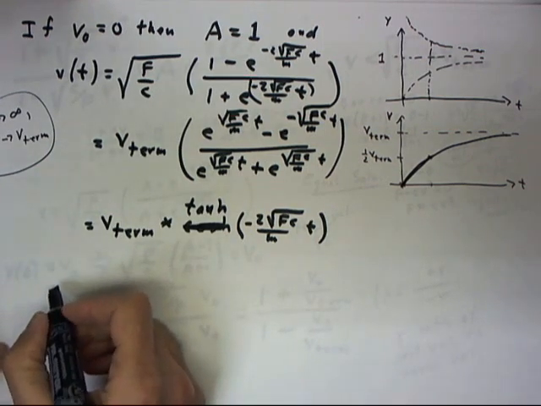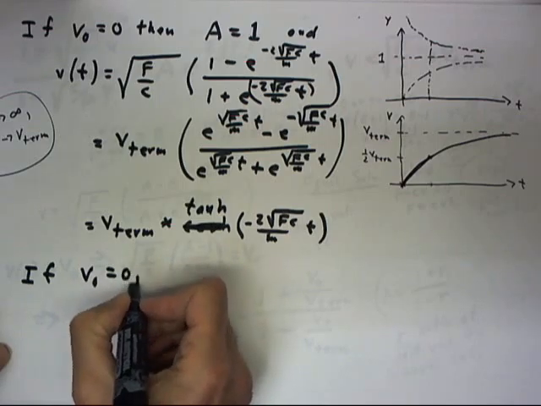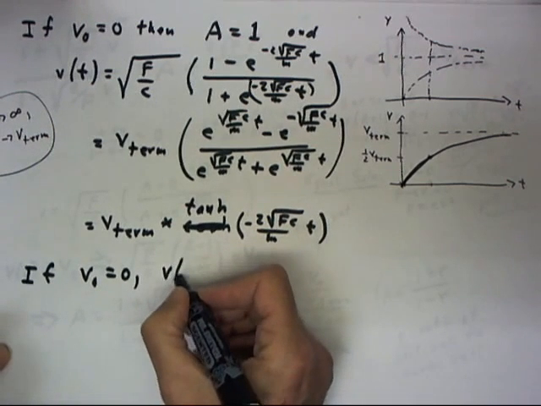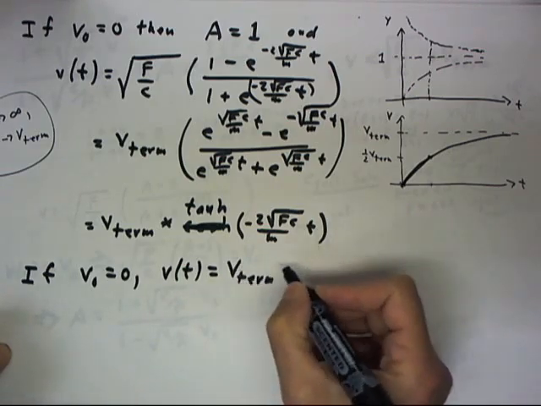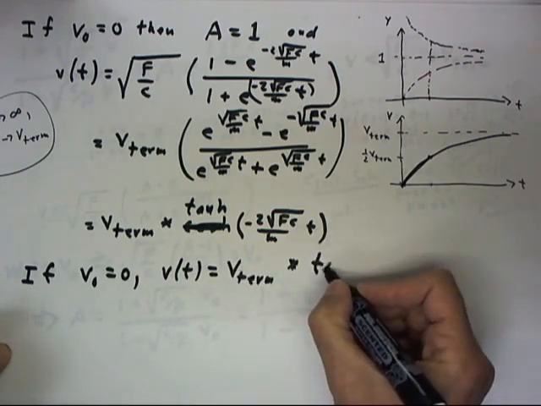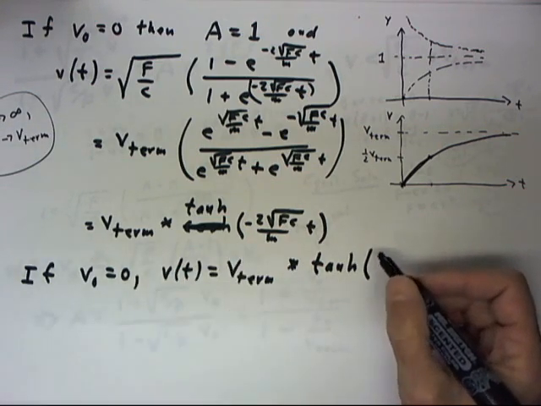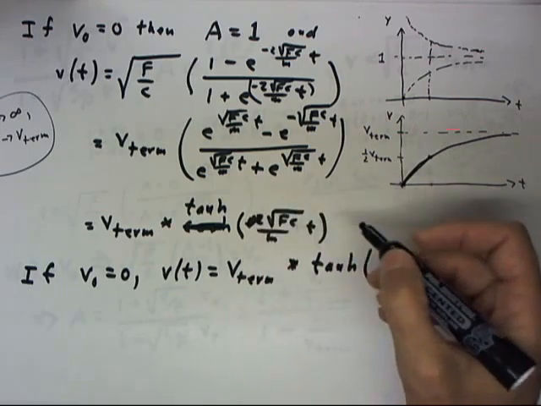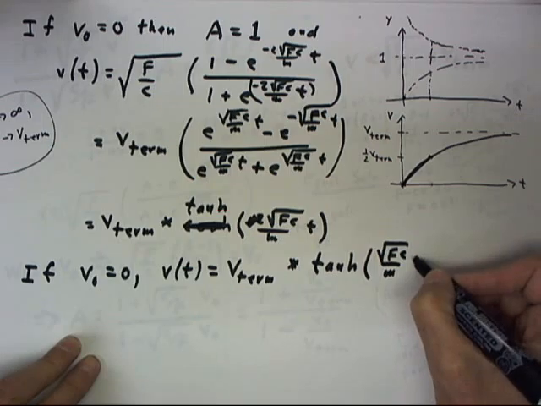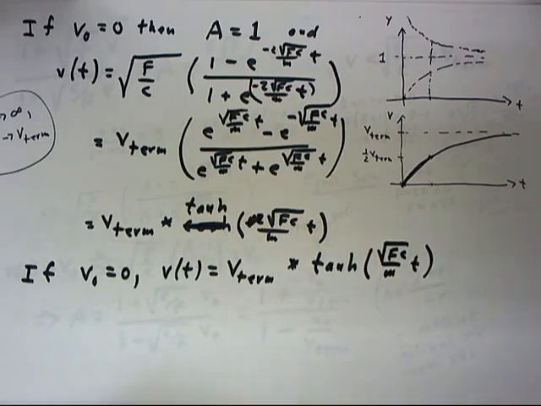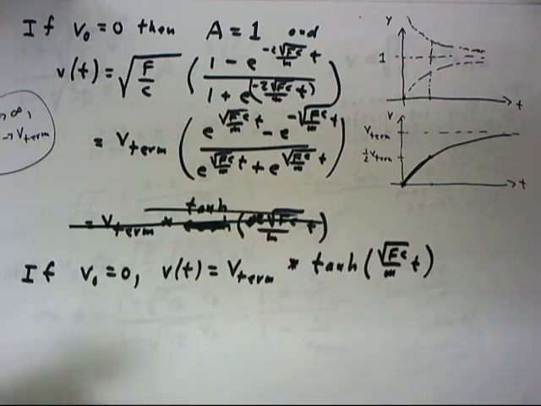So that if v naught equals 0, v of t is equal to v term, the terminal velocity, multiplied by the hyperbolic tangent of, I shouldn't have written the negative 2 there either, square root of fc over m times t. So this whole line should just be obliterated.